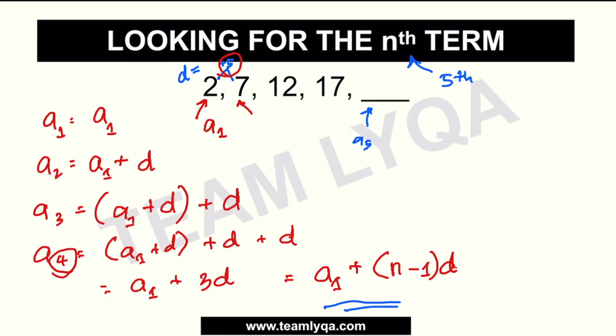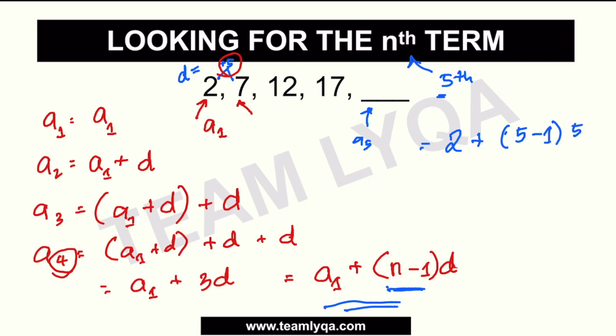Now, to substitute yung ating mga given, A sub 1 would be the first or initial term. So, that would be 2, plus parentheses natin. Tapos, n minus 1. Again, ang n natin ay 5. So, that would be 5 minus 1 multiplied by the D, which is 5.